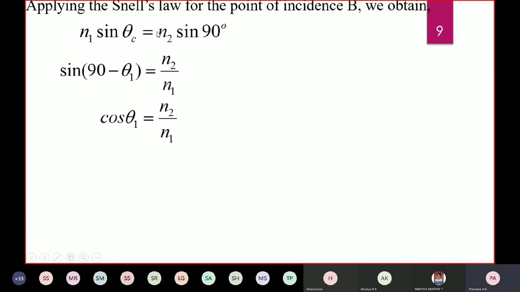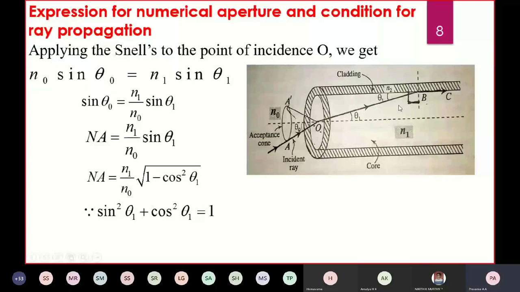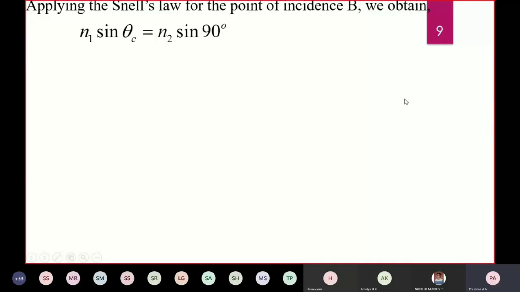Therefore, N1 is brought to the right-hand side. In this diagram you can see that this is theta C. The total angle from this normal to this interface is 90 degrees, so 90 minus theta C will be theta 1, that is, 90 minus theta 1 is theta C. Therefore, in place of theta C, 90 minus theta 1 is taken.